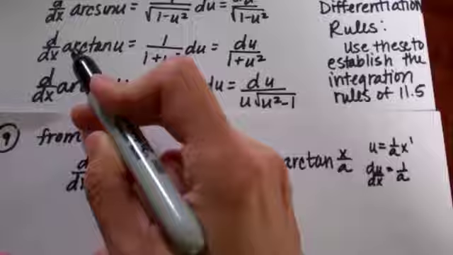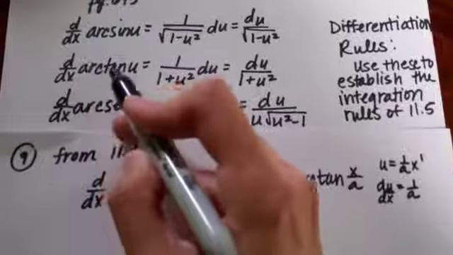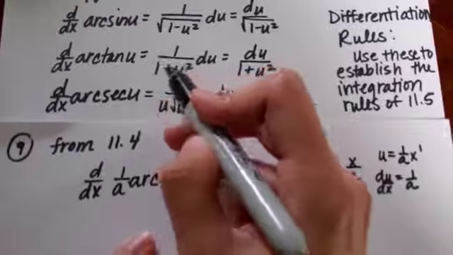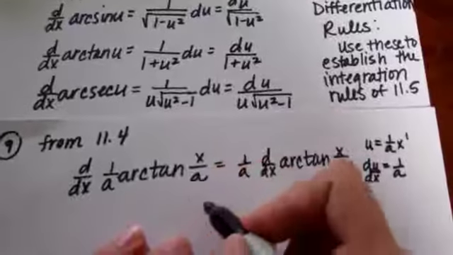I'm first going to derive arctangent, and the derivative of the arctangent function is just going to be 1 over 1 plus, and then just leave that inner function alone. So here I have it.